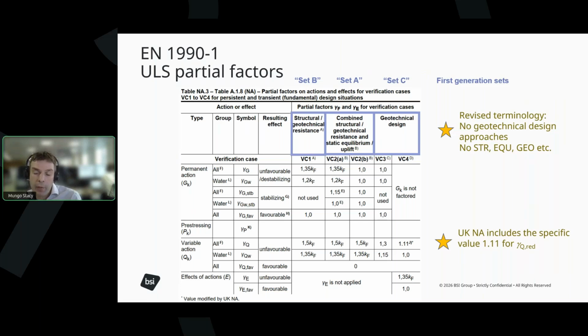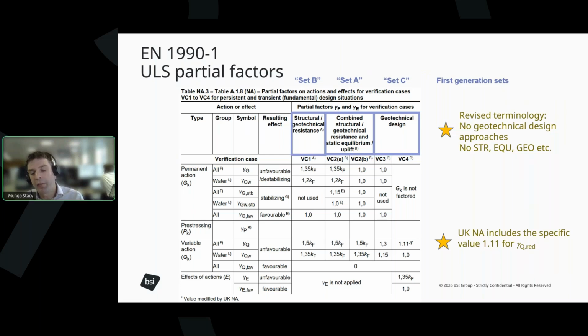The terminology is changed in second generation Eurocode, so you'll no longer see references to the STR, EQU, GEO, but we still need to undertake those verifications. They're now termed verification cases. We have the VC1, VC2, VC3, VC4 sets.